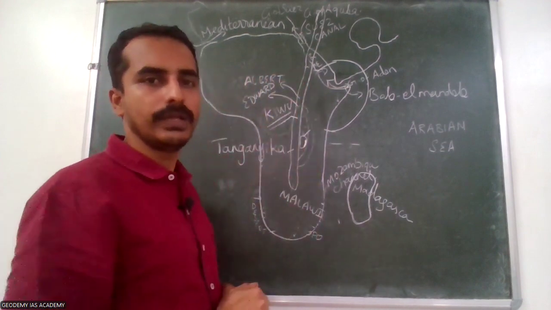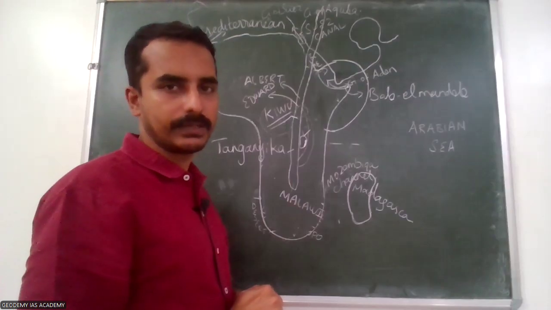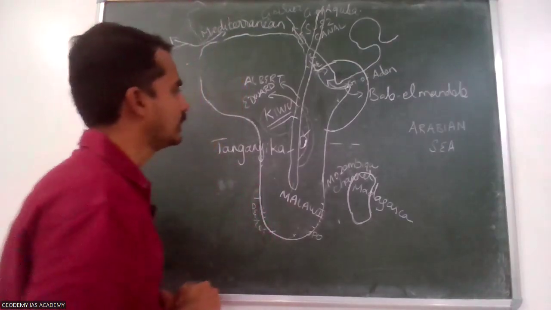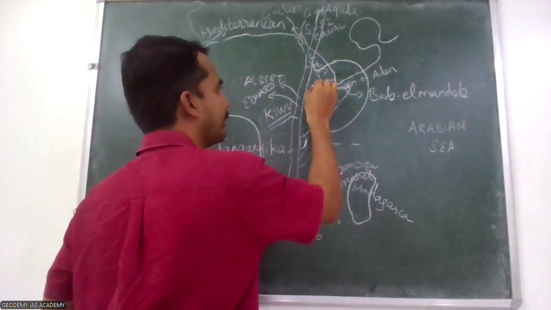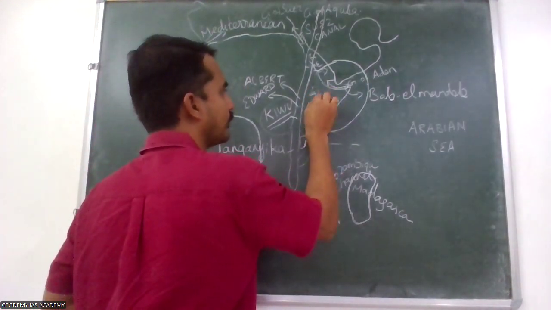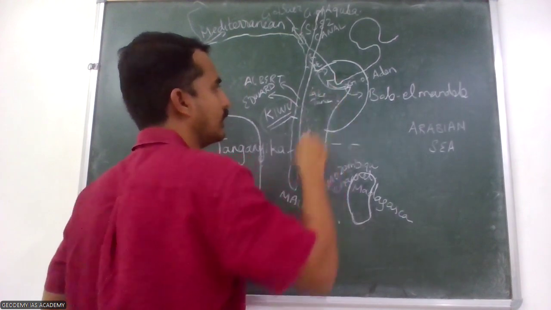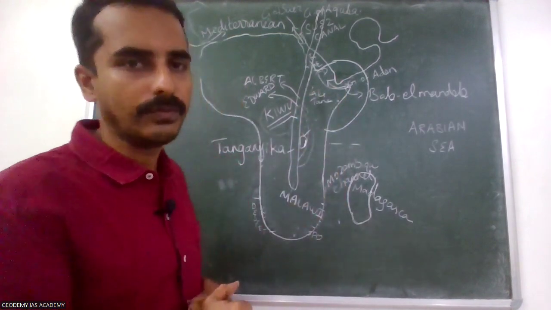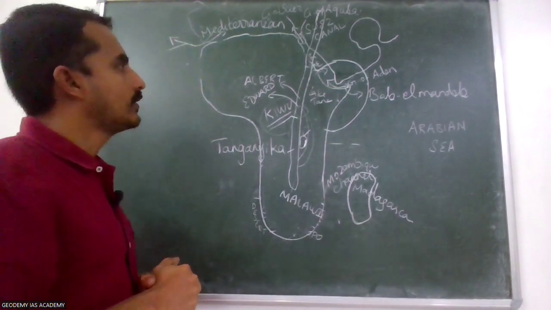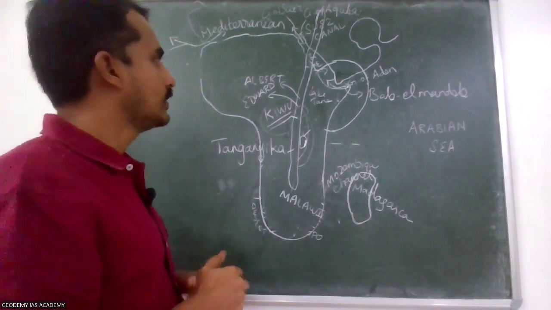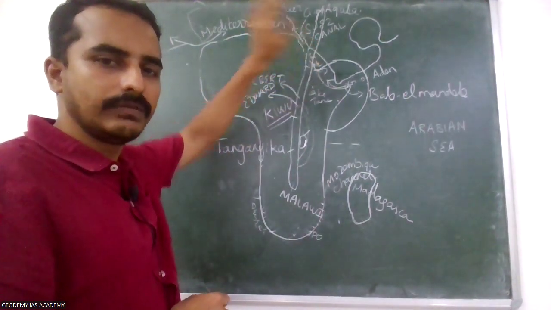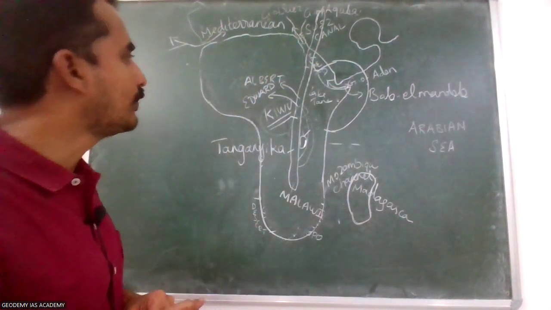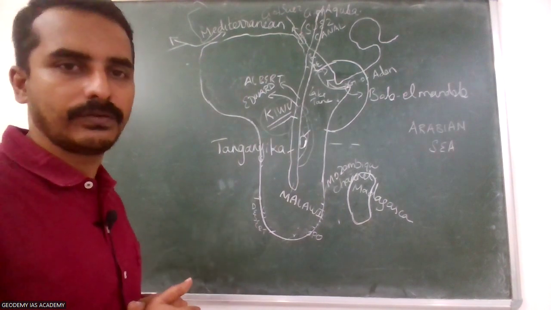So these are important lakes. And then Lake Tana in the Ethiopia region. The Nasser Dam is located in Egypt, a dam on the Nile River. So these are all important lakes in Africa.